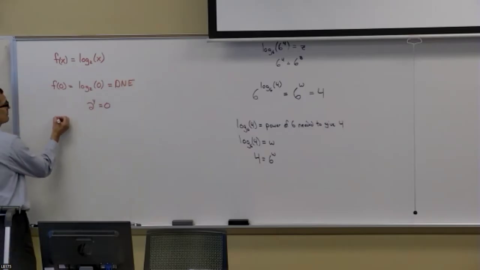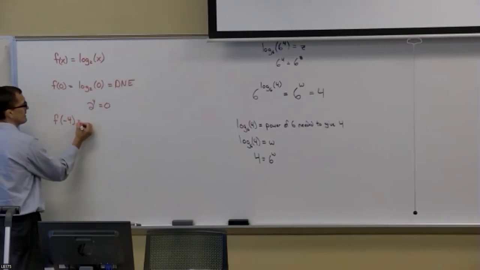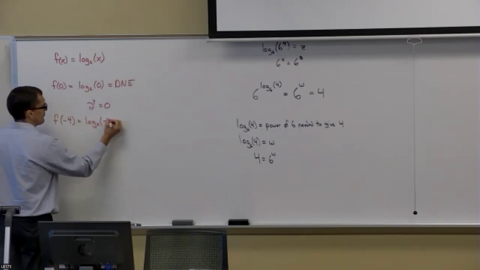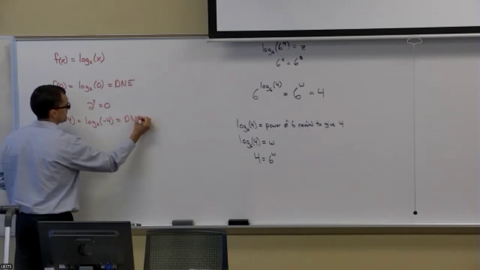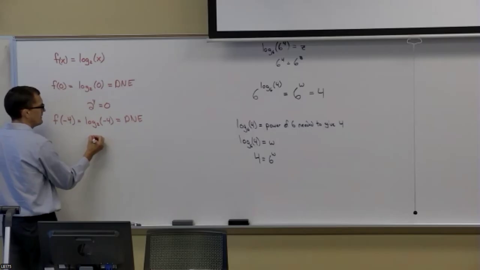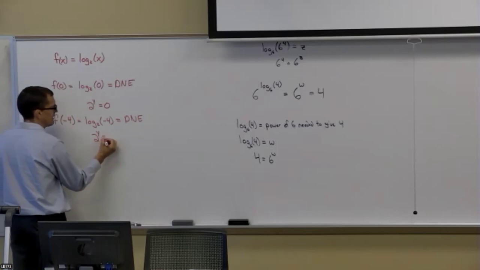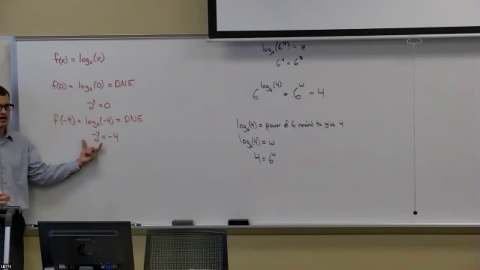And the same thing is true if you have any negative number. Let's take a negative 4. Plug in log base 2 of negative 4. That also does not exist, because it's asking you what power do I raise 2 to give me a negative 4. And you'd say, well, 2 raised to any power would be positive.